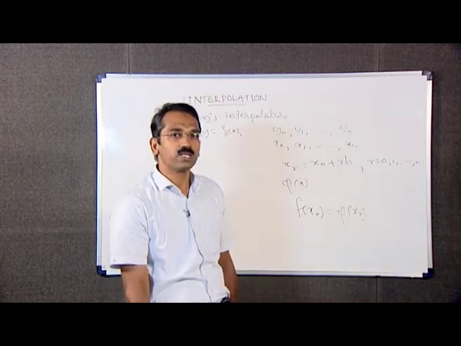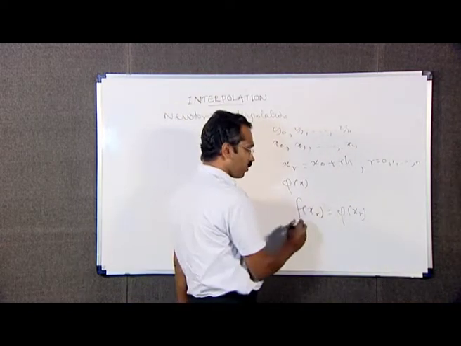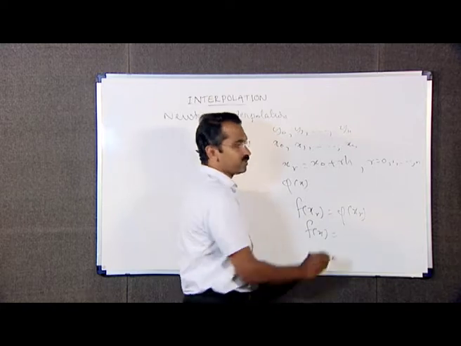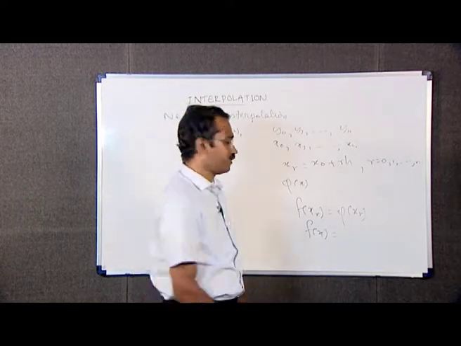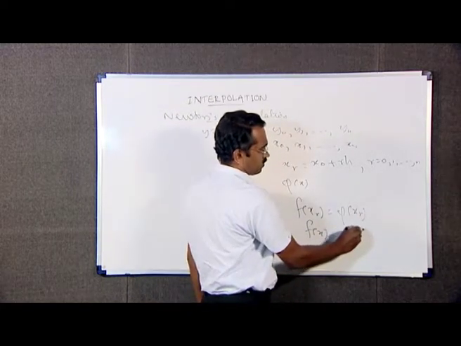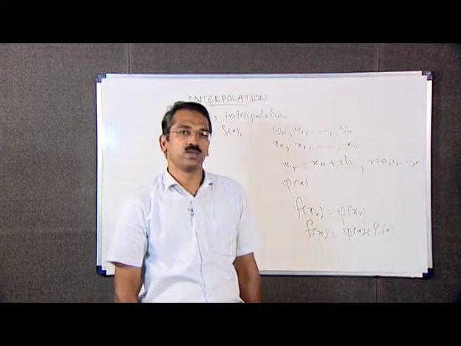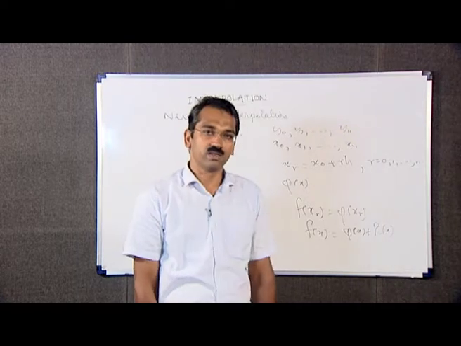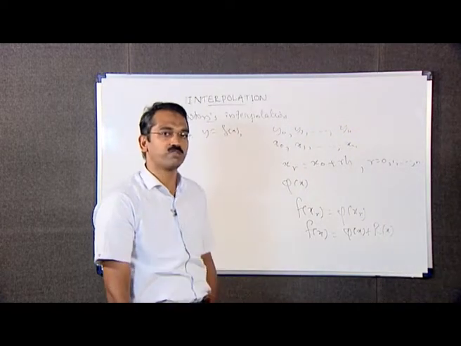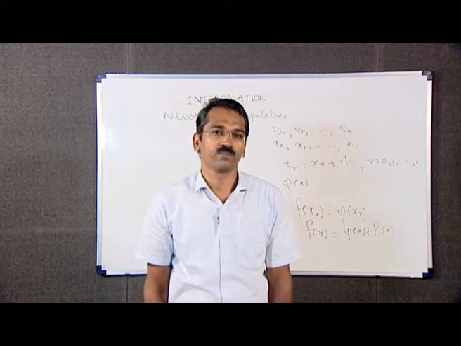At all other points, f of x is equal to phi of x plus capital R of x, where capital R of x is called the error term or the remainder term of the interpolation formula.